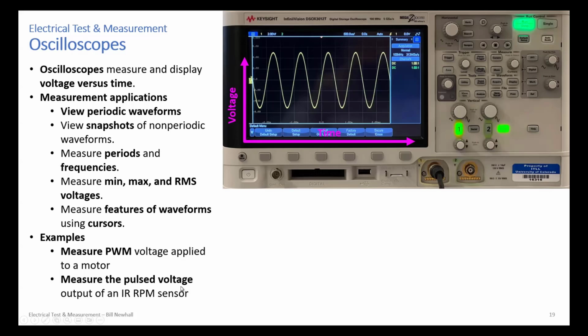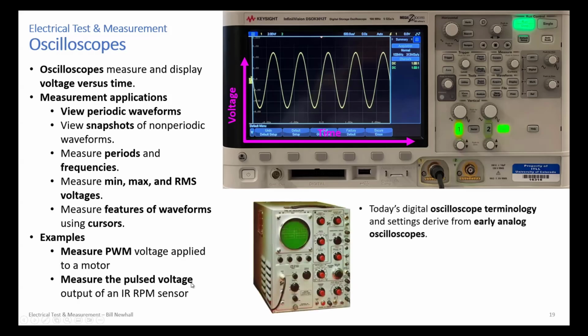You'll notice some vocabulary used for oscilloscopes that doesn't seem to apply. You don't typically use this vocabulary when you're talking about just plots of voltage versus time. But today's oscilloscope terminology and the settings for the oscilloscope really derive from some early analog oscilloscopes and how they worked.